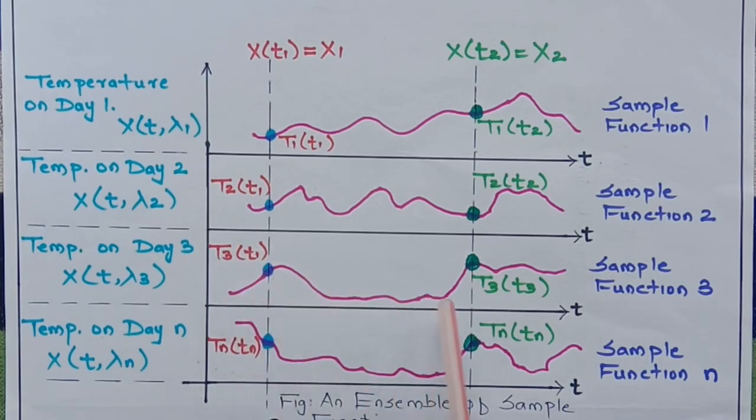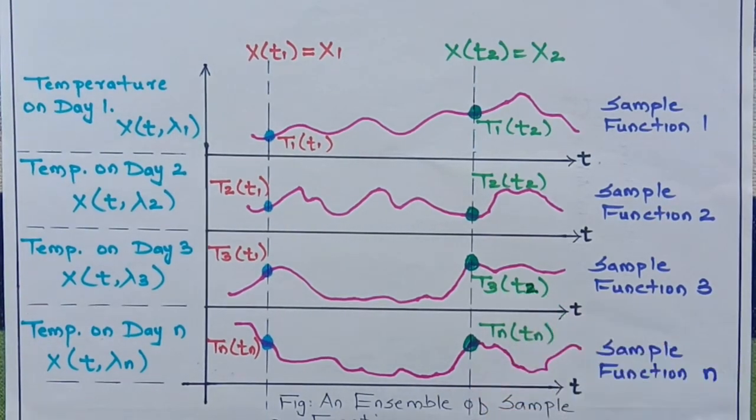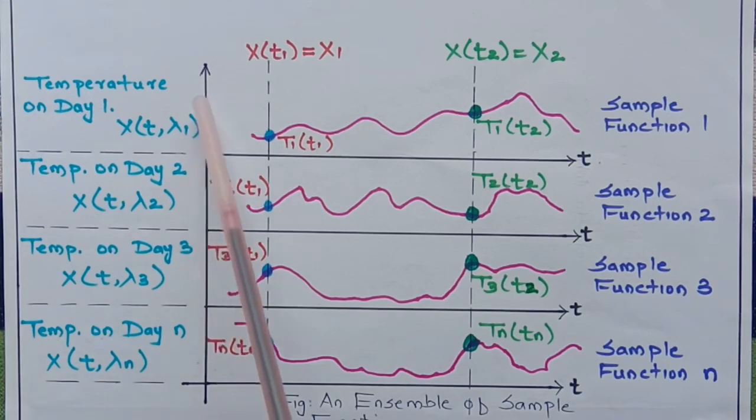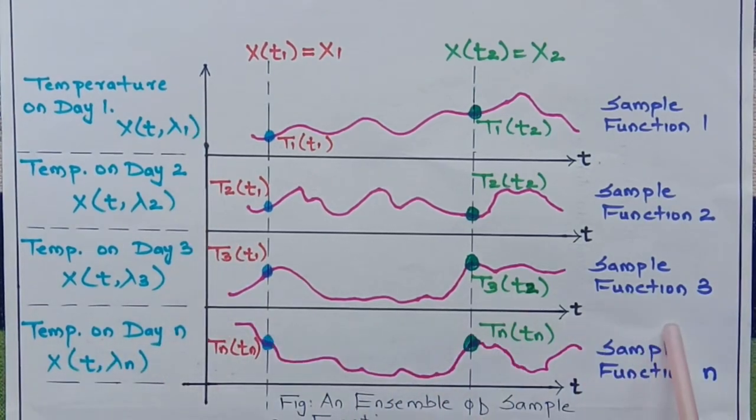Then this is at instant t2. We have recorded the temperature on day 3. And similarly, we have to record the temperature for n number of days. So basically this figure is nothing but your ensemble of sample functions.